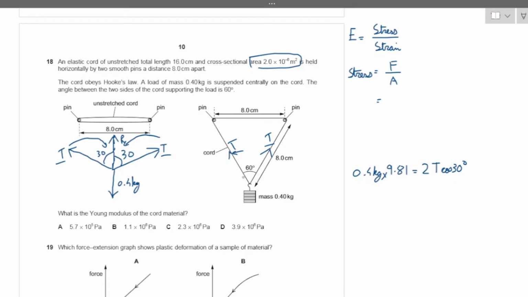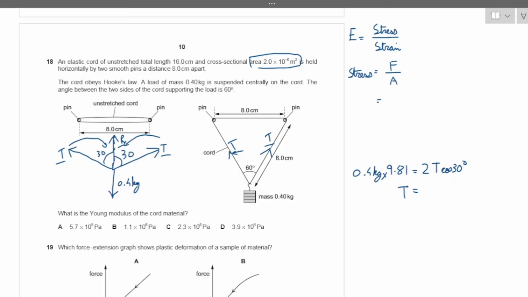That is basically your R. T cos 30 is understood because 30 degrees is between this base line and the T. Therefore, you use T cos 30 and multiply it by 2, because that is the opposite R acting to stop the mass from falling.